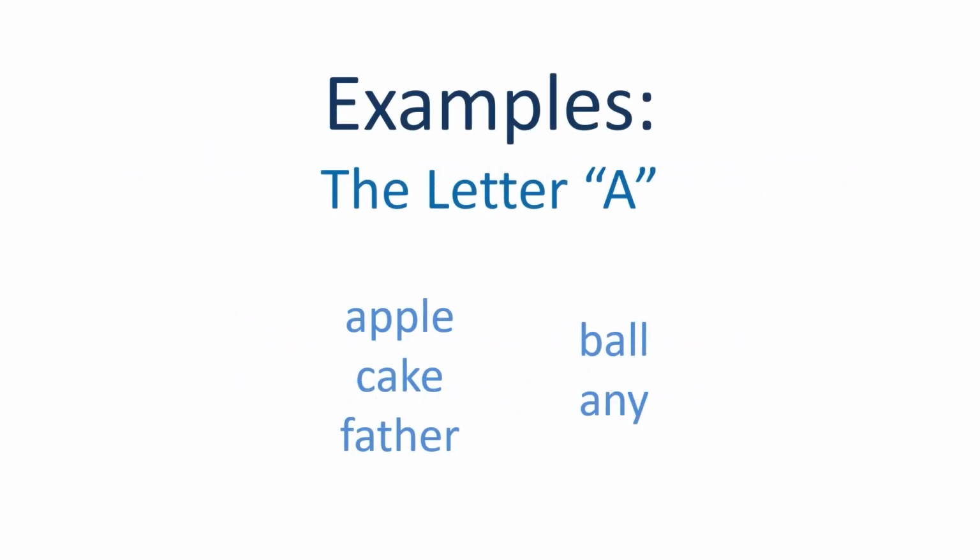Take a look at the letter A in English, for example. In the words apple, cake, father, ball, any, the letter A in all of these words is pronounced differently. The sound of the letter A can change simply based on the letters around it. This can be very confusing for a non-native speaker of English. Even within the same word, take the name Abraham, for example.